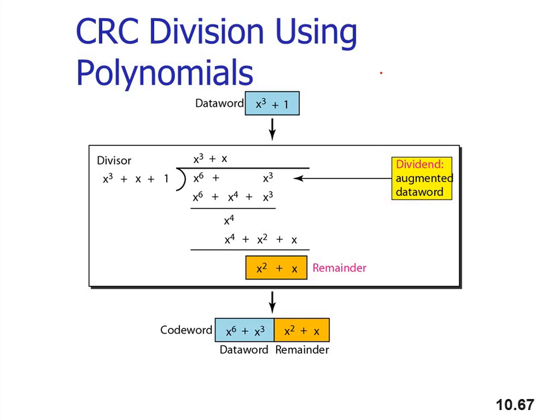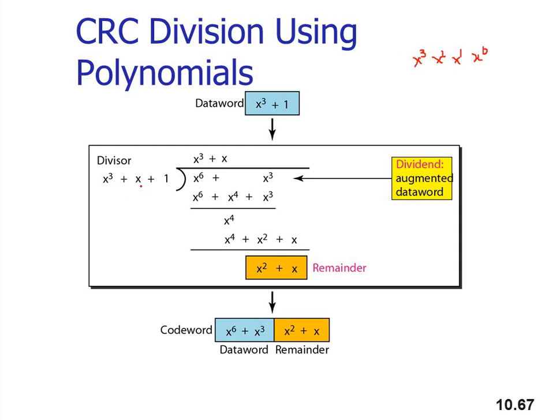That is quite possible. Now if you want to calculate the data word for this, you simply start with x raised to 0, x raised to 1, x raised to 2, and x raised to 3.